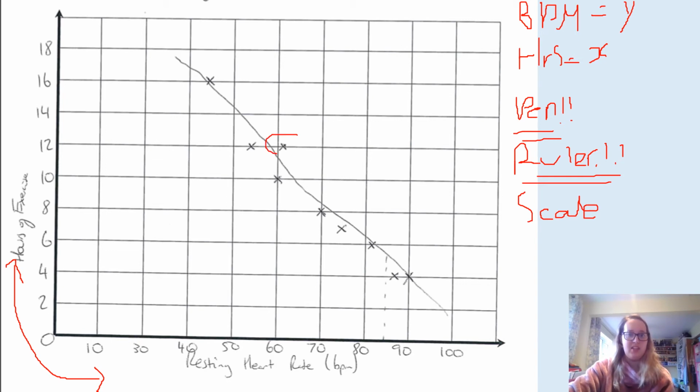For example, this one here is not really a clear point, and neither of these ones here. They're not in a set place as such, and that could be down to the scale that the student has chosen. So the scale, you can actually start at 45. So you can start your scale at 45 and then go up in 5s up to 90 because it stops at 90. That is the last point.